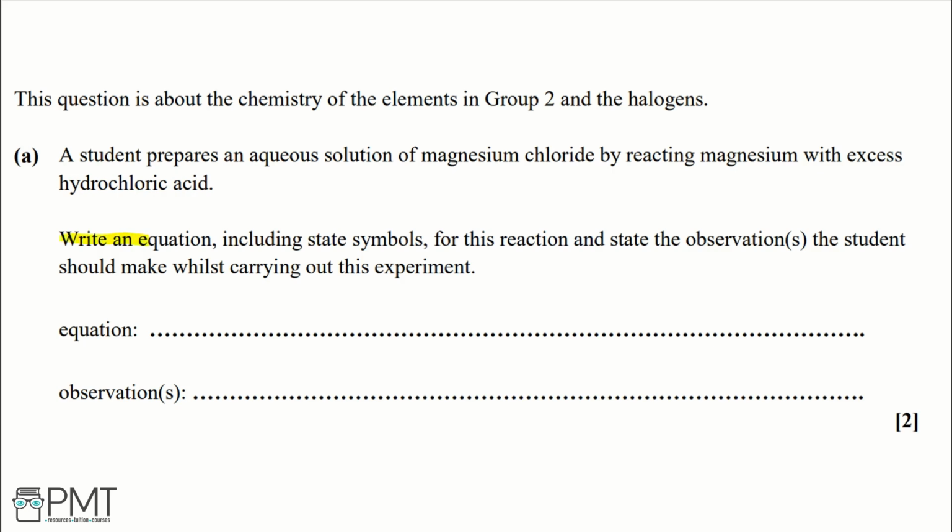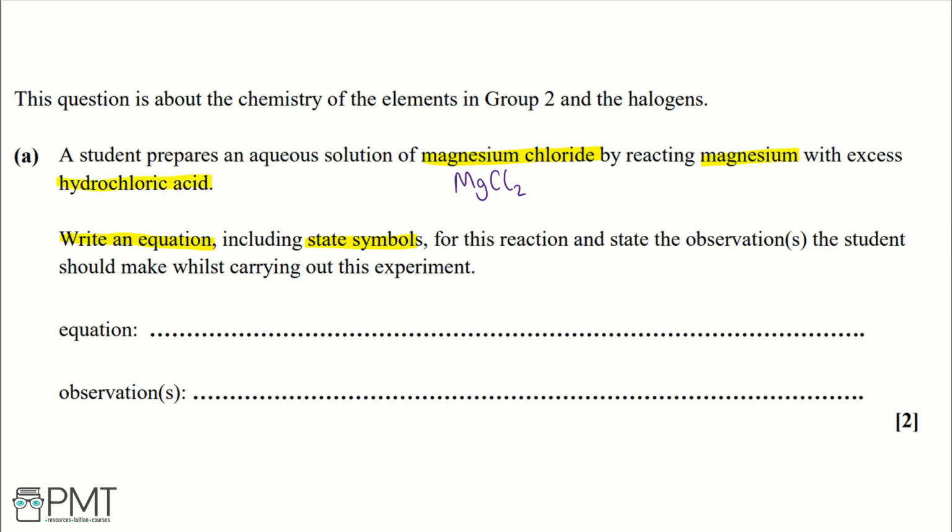Firstly, we're going to write the equation with the state symbols. So our equation, we're preparing magnesium chloride, which has the formula MgCl2, and we're reacting magnesium with excess hydrochloric acid.